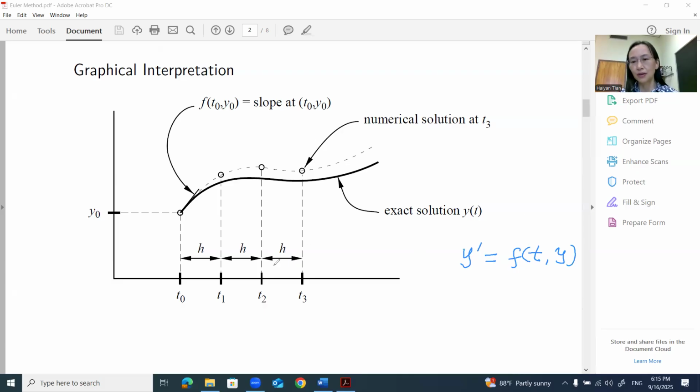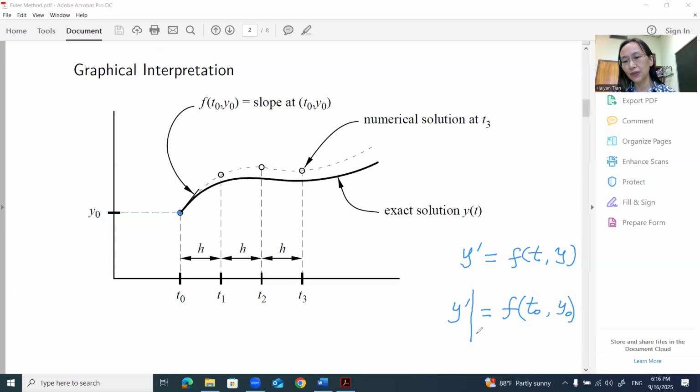It is just a concrete expression. That means at the very beginning point, if I put in that initial point t0, y0, then I know the slope at that point because of the governing equation, right?